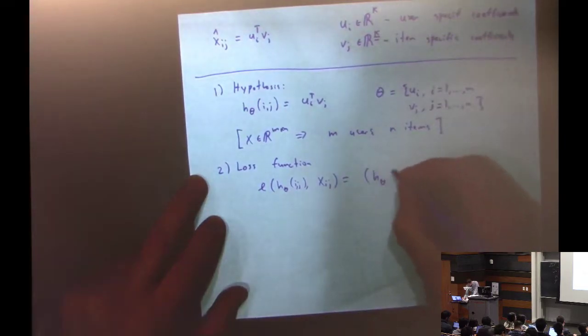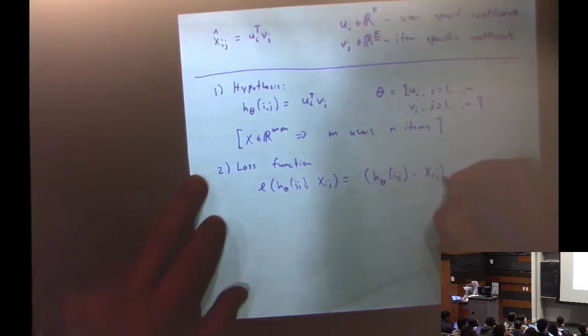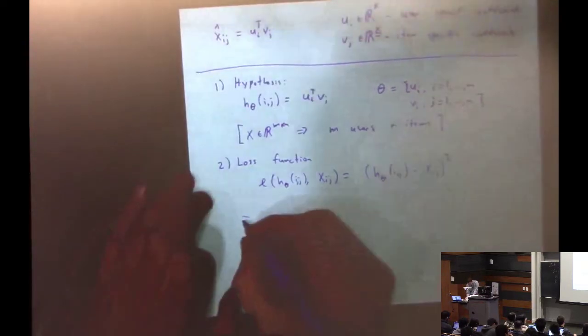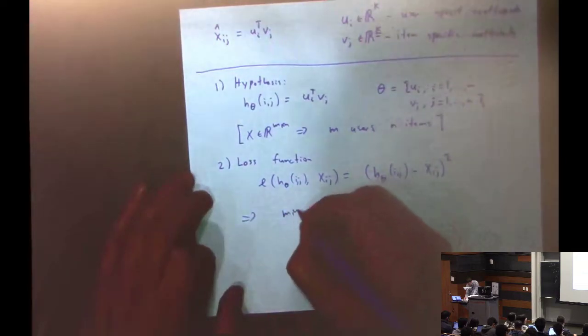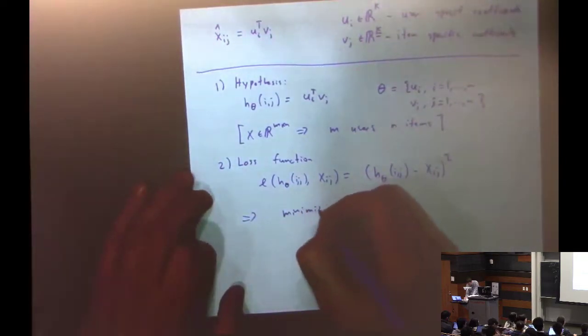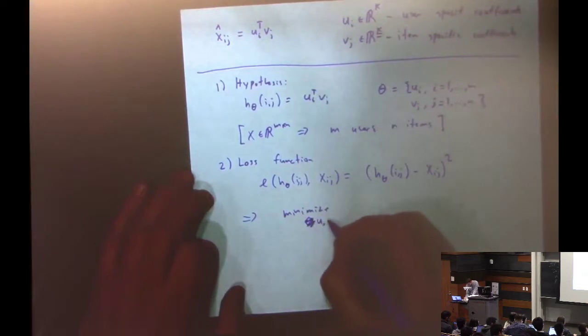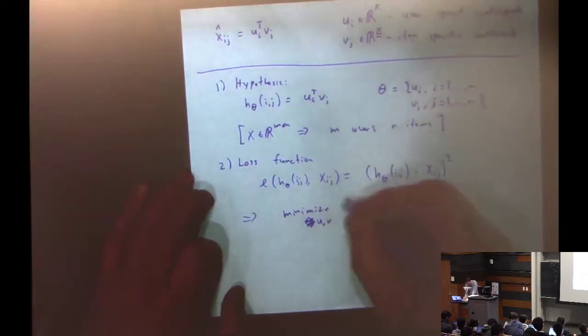So h theta ij minus xij squared, because that's going to be our loss function. And this leads to the optimization problem of minimizing over theta, which again really means minimize over all u and all v.